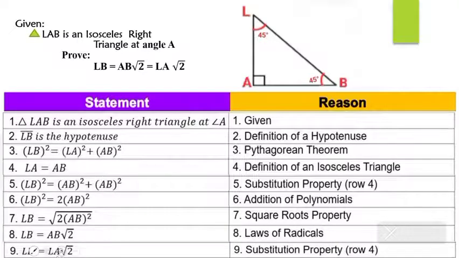At last, we have LB is equal to LA square root of 2, since we know that LA and AB are equal, so we can simply substitute LA for AB. So in steps 8 and 9, we have proved that LB is equal to AB square root of 2, which is equal to LA square root of 2.